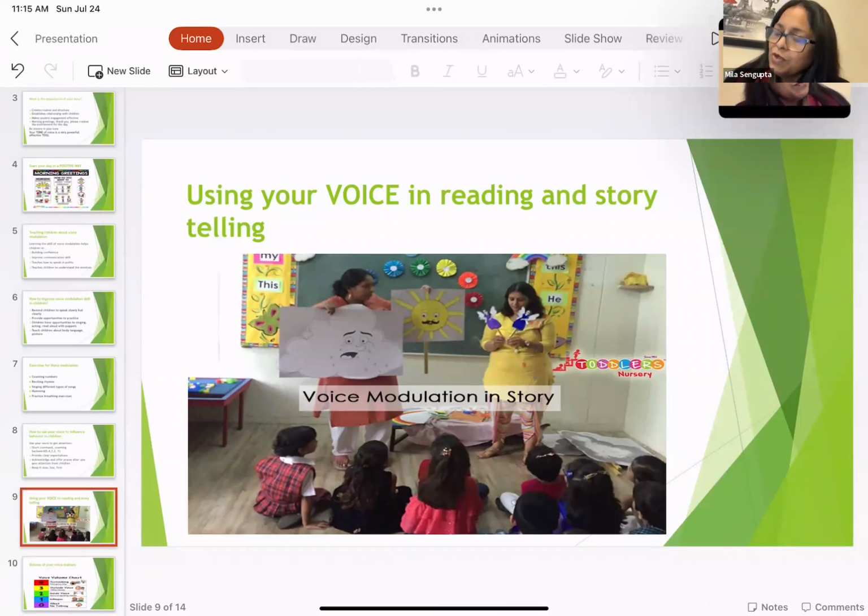So also keep in mind, while you are doing this, engage the children. Ask them a lot of open-ended questions, which means what? A question which does not have one single answer. Doing that and using your voice modulation and your tone helps the children to stay engaged during an activity like storytelling. And storytelling is a very easy and effective tool that you should be doing and helping the children to participate in every single day.